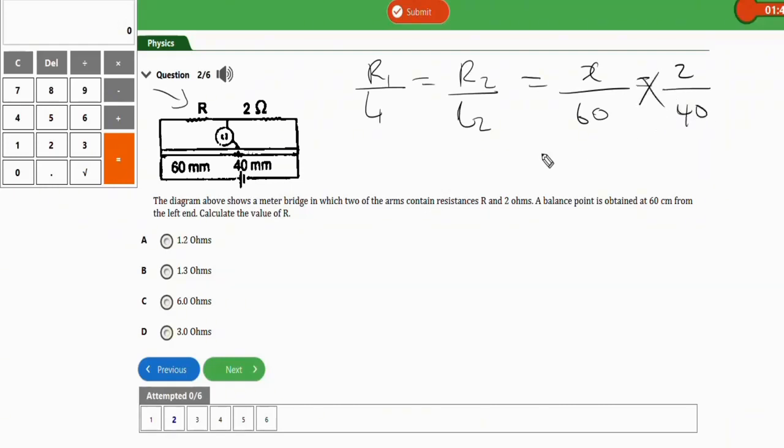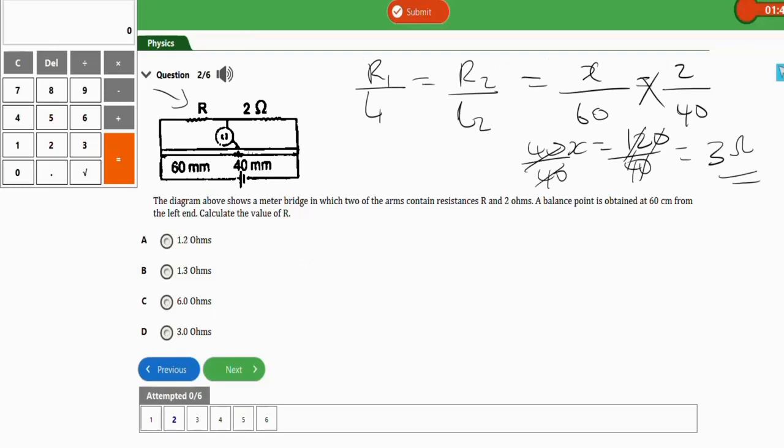So we cross multiply, we're going to have 40x equals 60 times 2, which gives you 120. So divide both sides by 40. We are going to have an output of 3 ohms, and that will be the answer to this question. Our R1 will be 3 ohms. The correct option is option D. Alright, so that's it for this question.